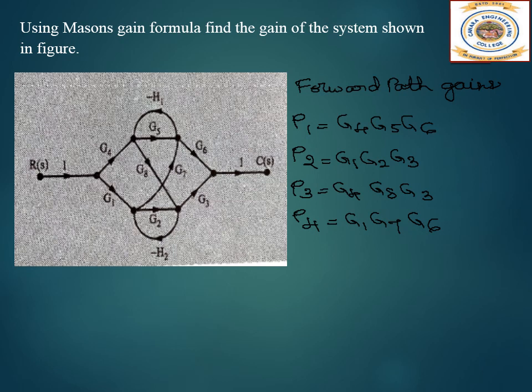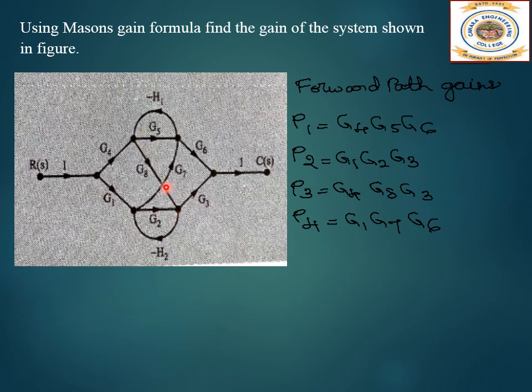You think it is over? No, still we have two more forward paths. So it is 1, G1 and G7, then minus H1, G8 and G3. Again I'll repeat: 1, we should not come to the same node twice, and we are not coming. 1, G1, G7, minus H1, G8.